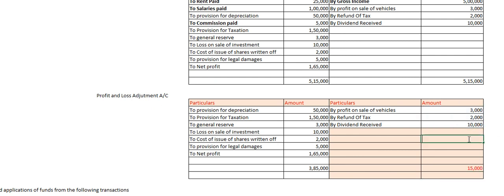So your balance, which is considered as funds from operation, is 3,85,000 minus 15,000, which is 3,17,000. This is nothing but by funds from operations.